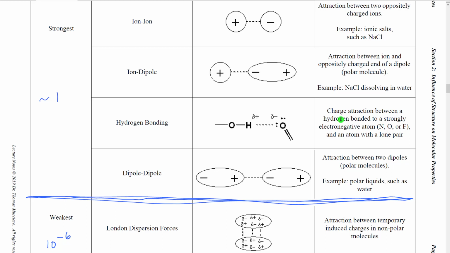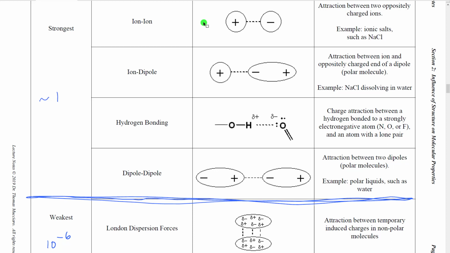Does water do London dispersion? Most certainly it does, but the contribution from the London dispersion is so small that we can ignore it. It's hydrogen bonding that's important. But you'll notice that all of these forces require you to have polar bonds, polar molecules, or ionic charges.